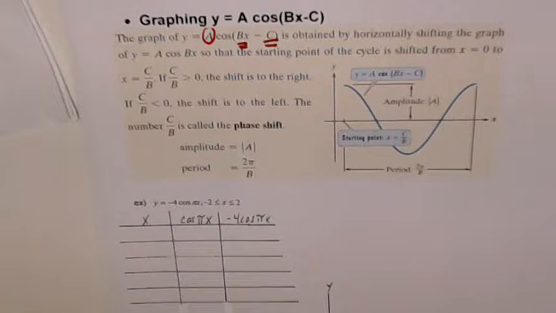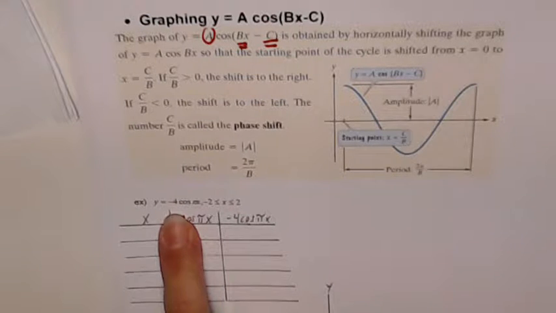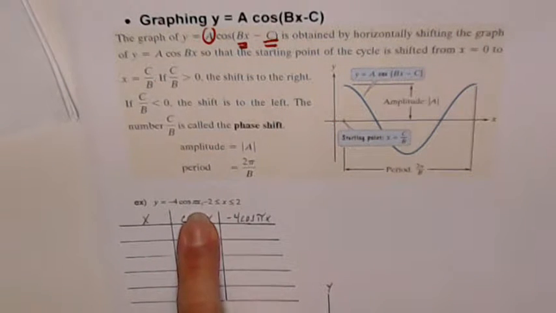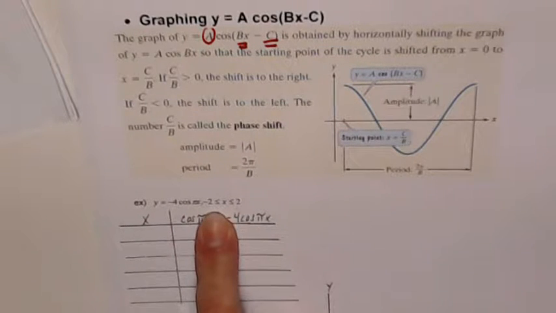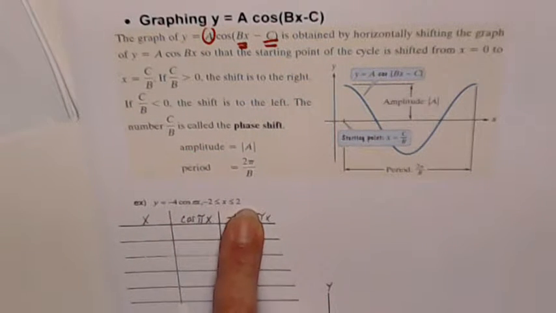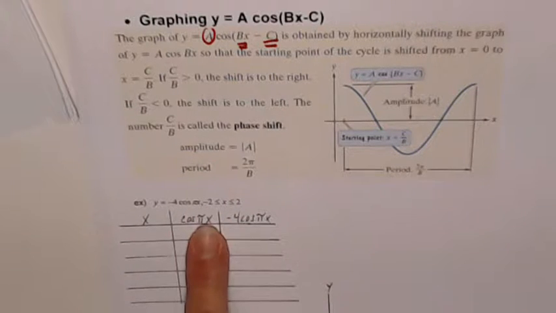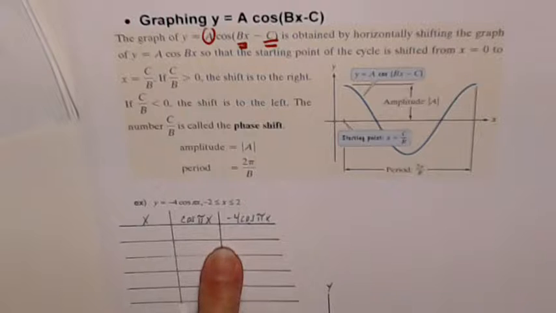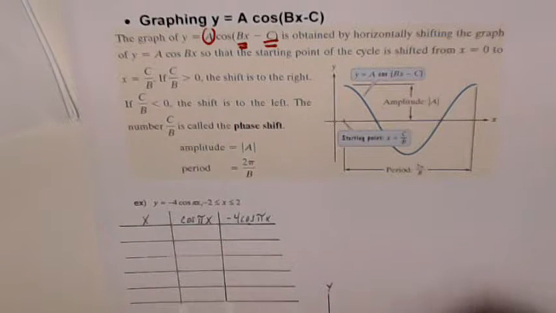And we're going to use this information. So let's take a look at our first example here. y is equal to -4 cosine of pi x. And we're going to be taking a look at this ultimately for x between 2 and -2. But right now, let's just concentrate on getting one period of this. So we need our amplitude.